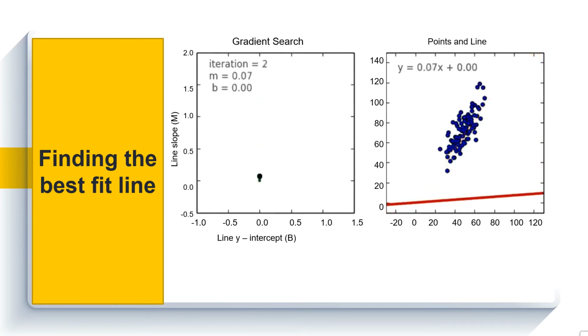As the value of m changes, the line is changing, so iteration will start from 1 and it will perform a number of iterations. After every iteration, it will calculate the predicted value according to the line and compare the distance of the actual value to the predicted value, and the value of m for which the distance between the actual and the predicted value is minimum will be selected as the best fit line.